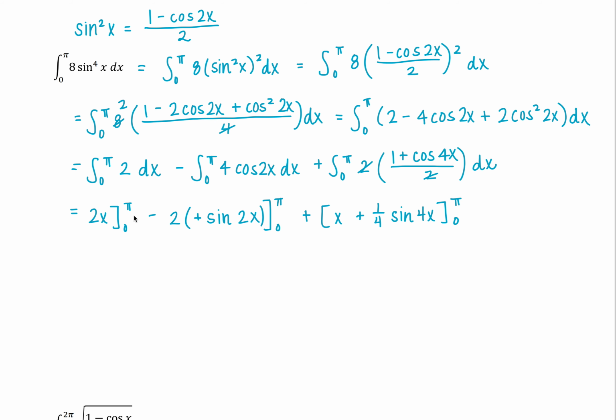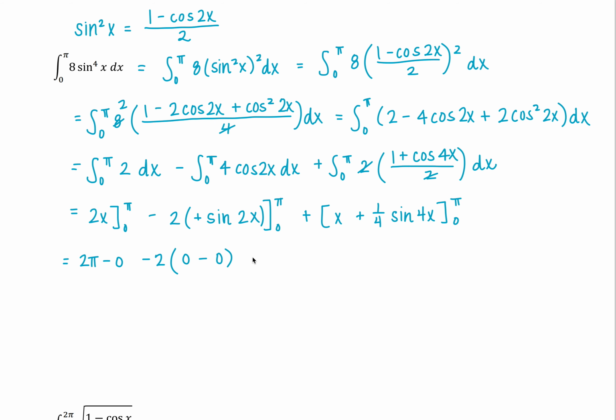So the first one, we've got 2 times pi minus 2 times 0. So that's 2 pi minus 0. Then here I've got the negative 2 in front. Sine of 2 times pi is going to be 0. Sine of 2 times 0, sine of 0 is also 0. So we get a big fat 0 there for that second one.